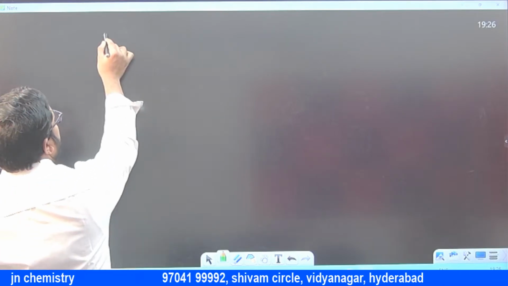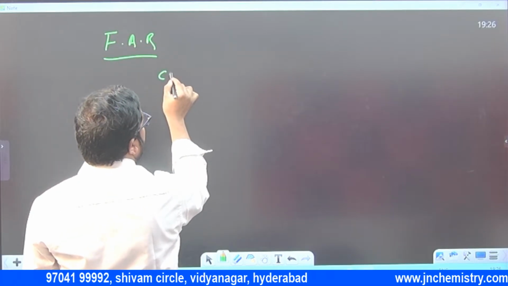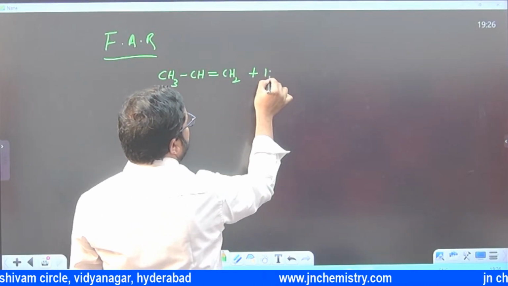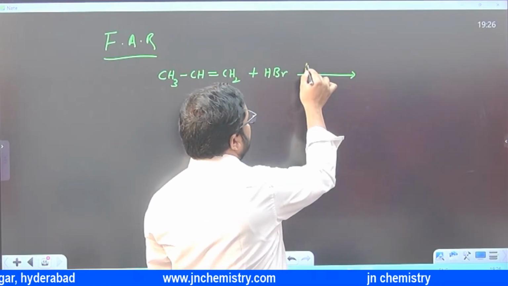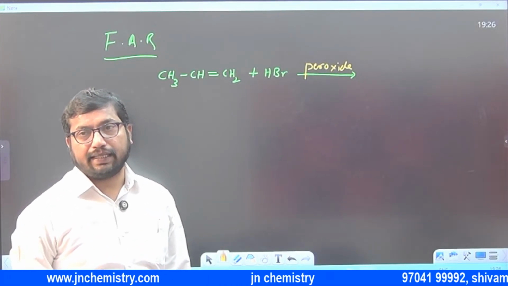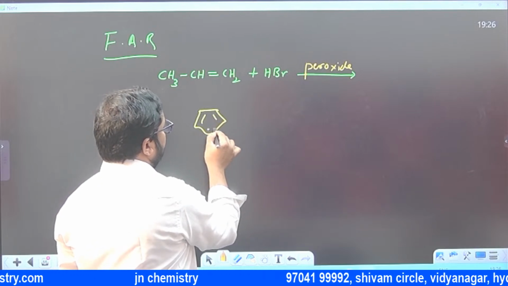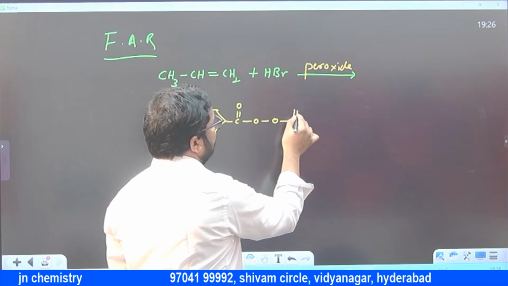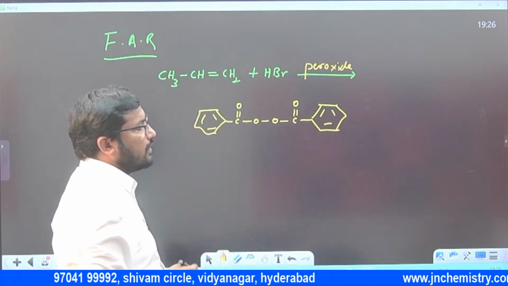The mechanism of free radical addition reaction. Right now, the peroxide we will take is benzoyl peroxide.